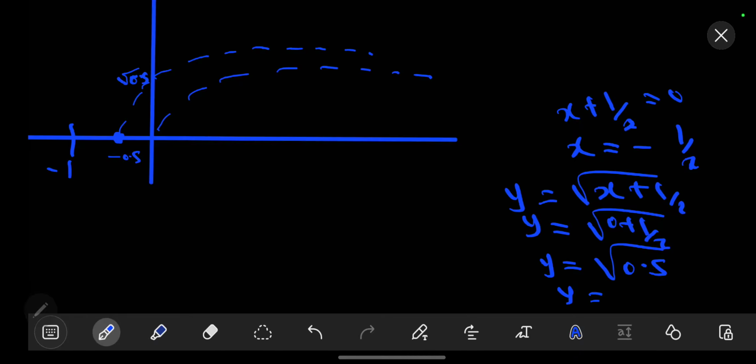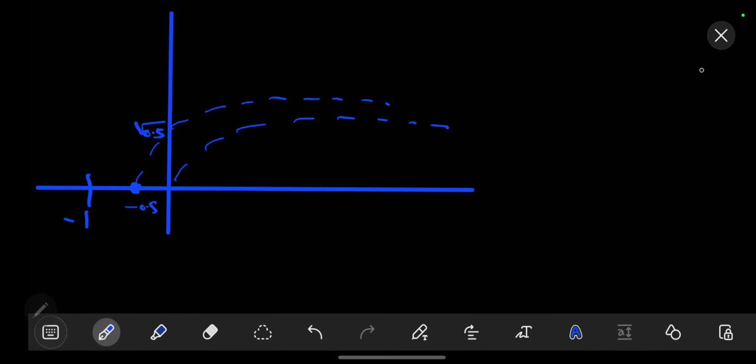So that is where it is passing. So we have graphed y equals the square root of x plus half. This is the second graph.